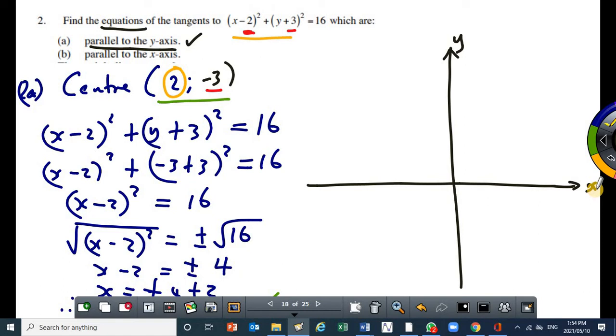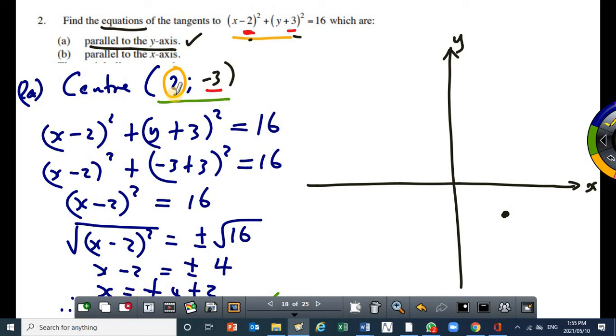So, if the gradient of the y-axis is undefined and the tangent is parallel to it, it means the gradient of that tangent is also undefined. Let's visualize by drawing a sketch. So we are in the fourth quadrant. Why? Because the center of that circle is at x equal to 2 and y equal to minus 3.